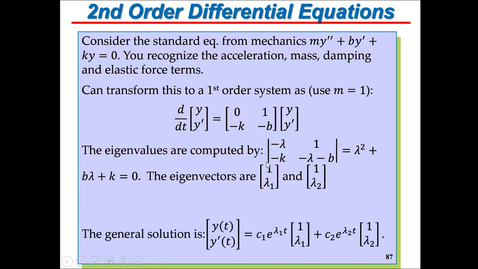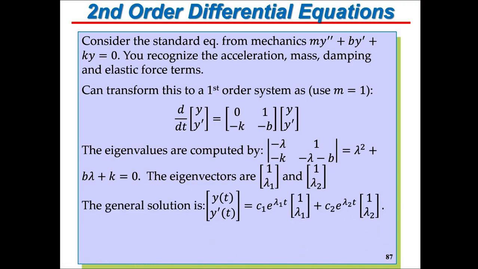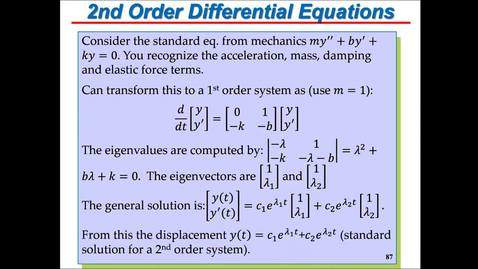And using our general formula, I can write down that the solution is now C1 e to the lambda 1 t times the first eigenvector plus C2 e to the lambda 2 t times the second eigenvector, and that's my solution, y and y prime. And if, let's say, the only thing you care about is the solution y of t, not the velocity y prime, then here is the general formula for the solution of this particular second order differential equation.